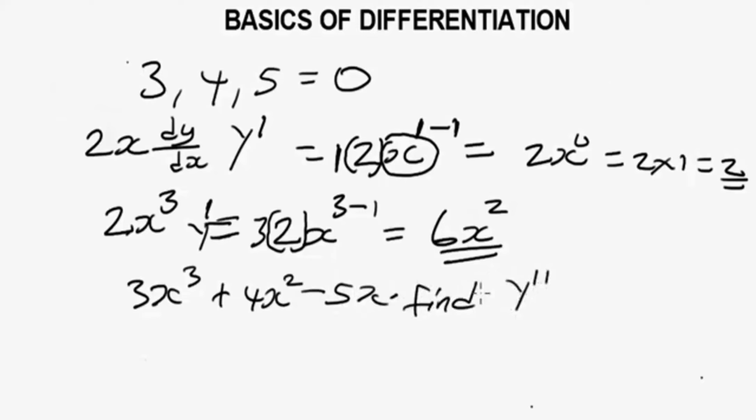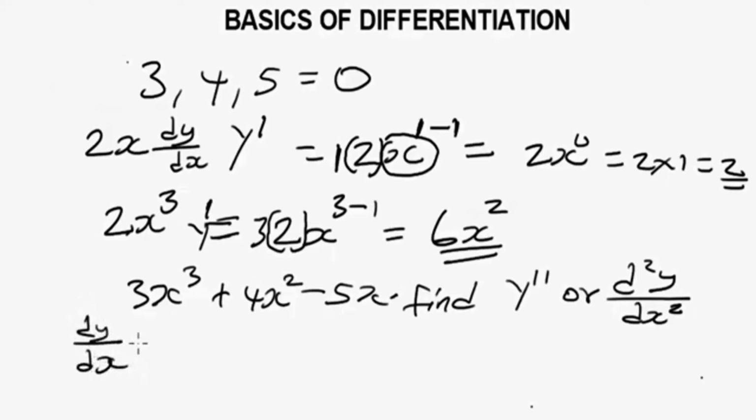Note that in differentiation, another term for second derivative is y double prime, or d2y over dx2. So the three terms mean the same thing. To go ahead and solve this problem, guys, very simple. That means we have to differentiate twice. So let's first find the first derivative.